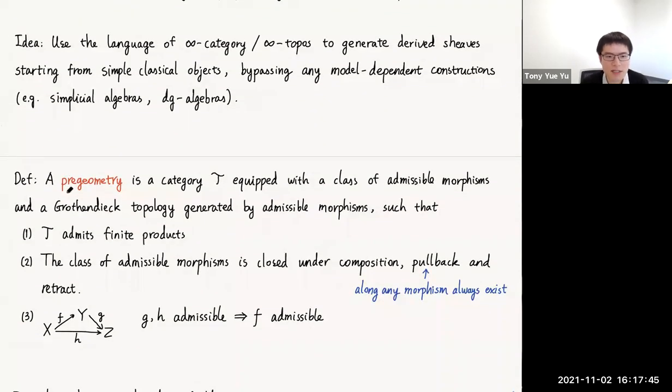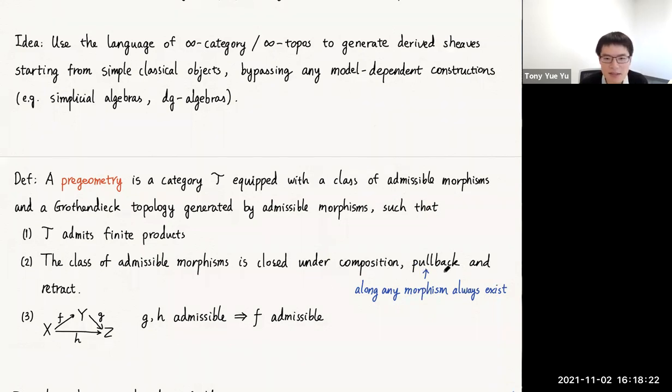Definition. A pregeometry, in the sense of Lurie, is a category T equipped with a class of so-called admissible morphisms and a Grothendieck topology generated by admissible morphisms, satisfying the following conditions. First, we ask T to admit finite products. Second, the class of admissible morphisms is closed under composition, pullback and retract.